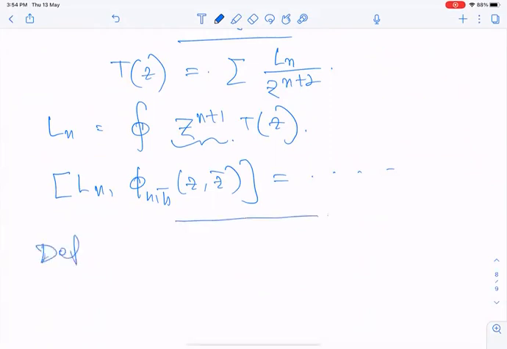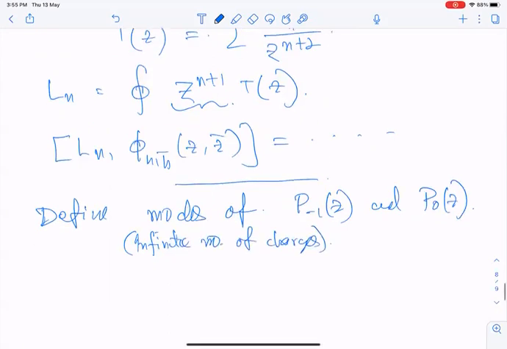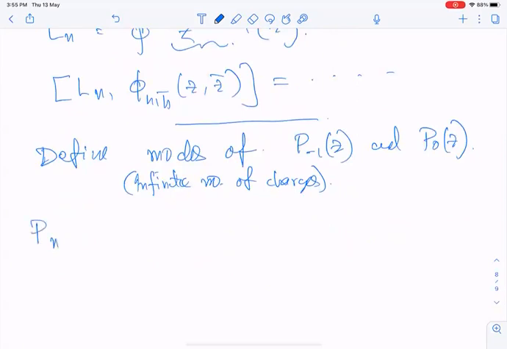Similarly, in this case also, we can define modes of p minus 1 of z and p0 of z. These are basically an infinite number of charges, like the Ln's, and we can simply define them by their action on a field like this.